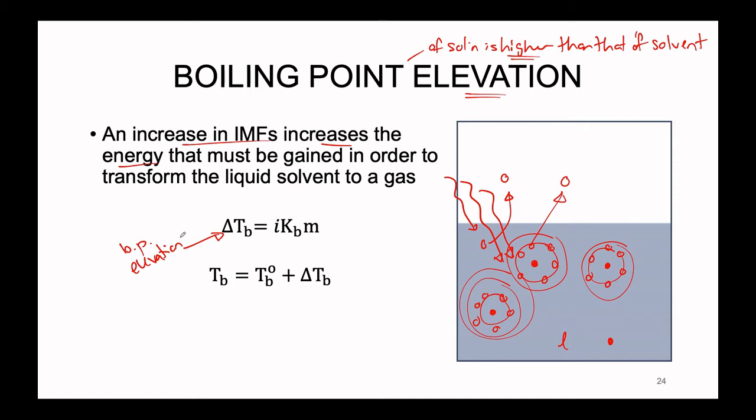We can find the boiling point elevation by taking the Van't Hoff factor, which is represented by our variable i, multiplying it by the constant of boiling that pertains to your particular solvent.